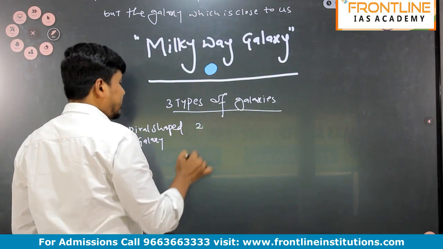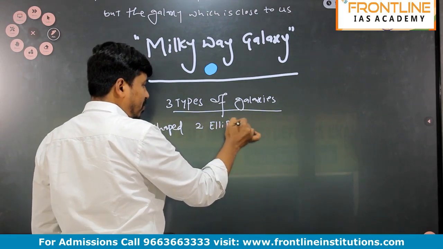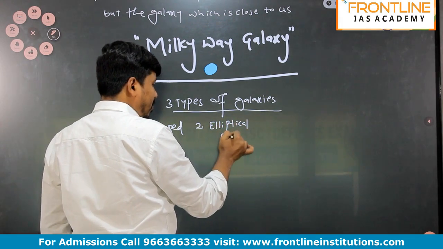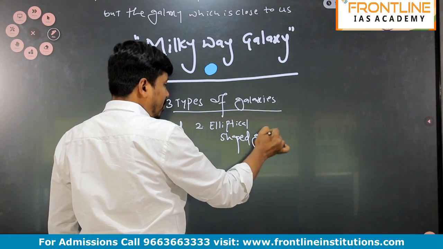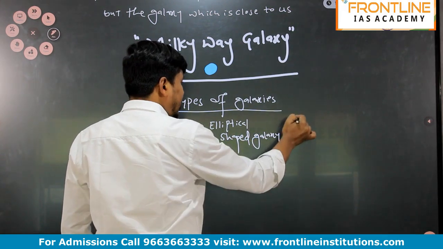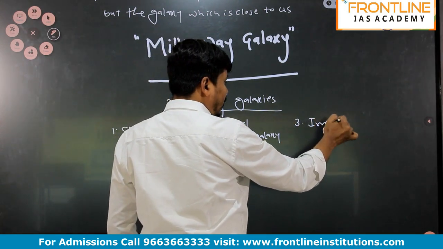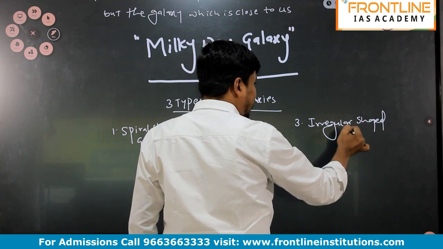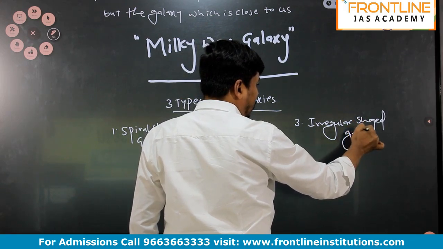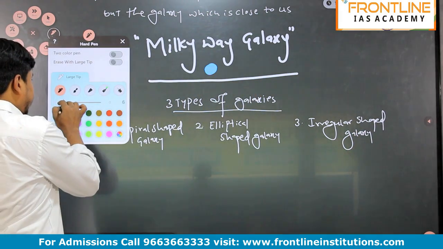The second one, elliptical shaped galaxy. And the third one is irregular shaped galaxy, right?